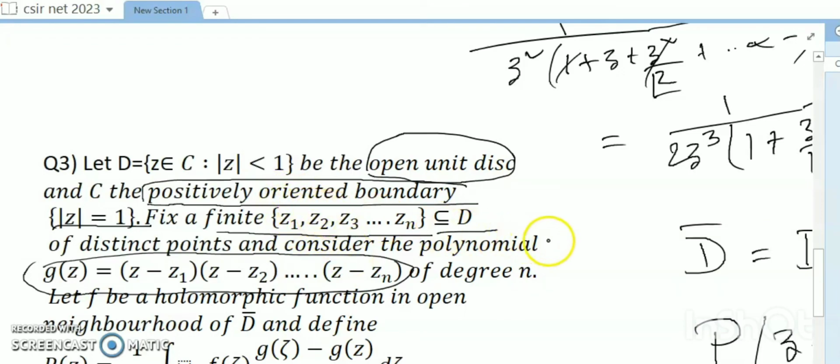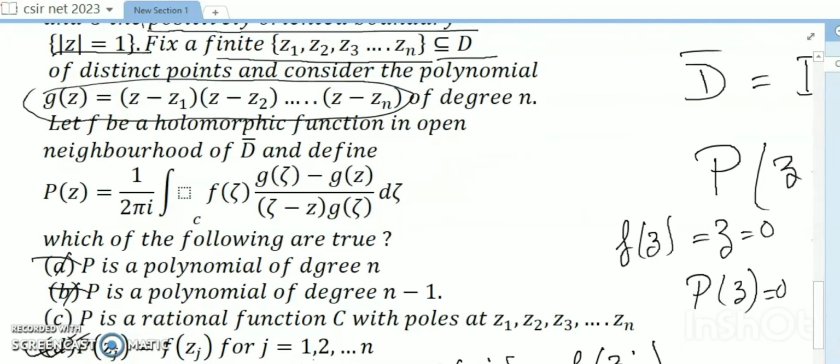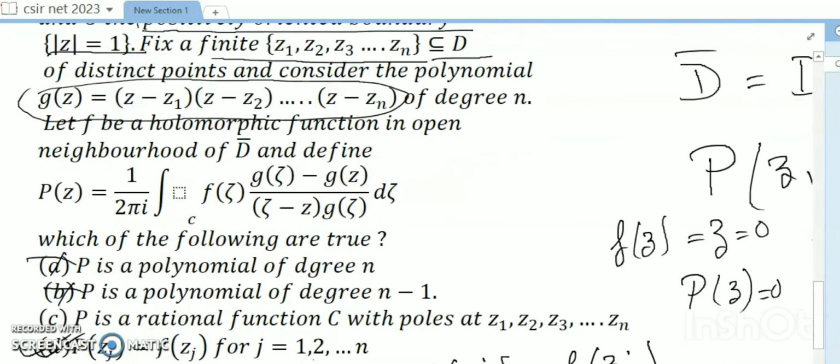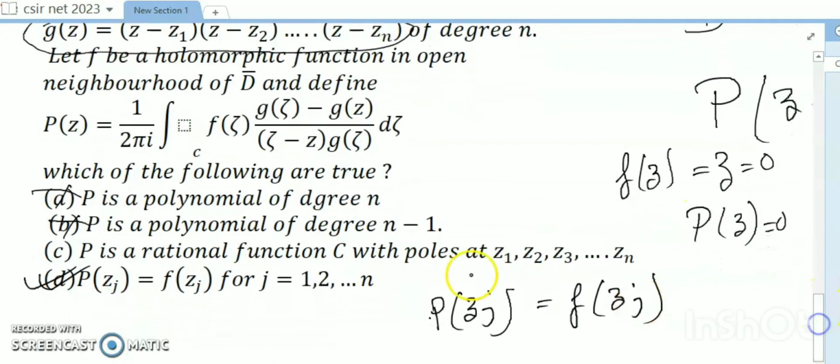So suppose f(z) is equal to 0. So p(z) equals 0 according to the formula. So how can we say that z1, z2 are the poles of a rational function? No, it is not a rational function. Only option D is correct. Thanks for watching. I hope it is clear for everyone.